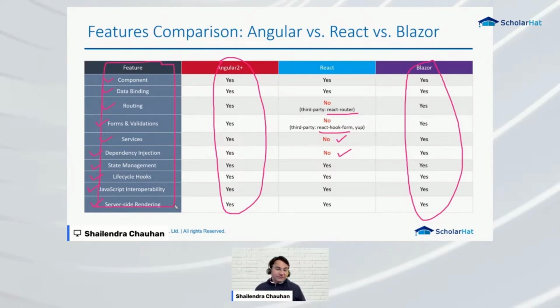Blazor already has data binding, routing, forms, validation, all built in. So you don't need any other library or framework to build the end-to-end application. Everything is available as a part of the framework to build anything.